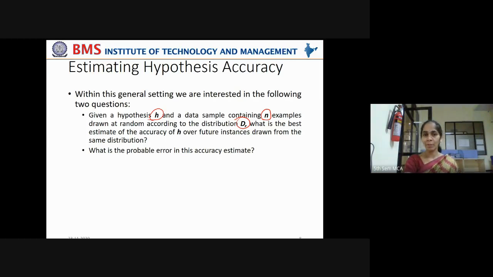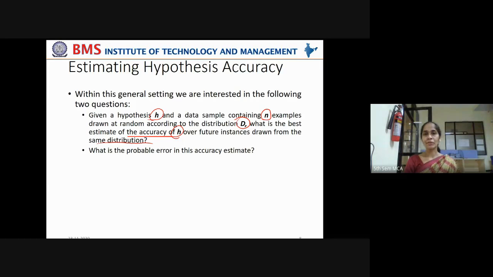Given a hypothesis H and a data sample containing n examples drawn at random independently according to the distribution D, according to some agreed upon underlying distribution, what is the best estimate of the accuracy of H over future instances drawn from the same distribution?